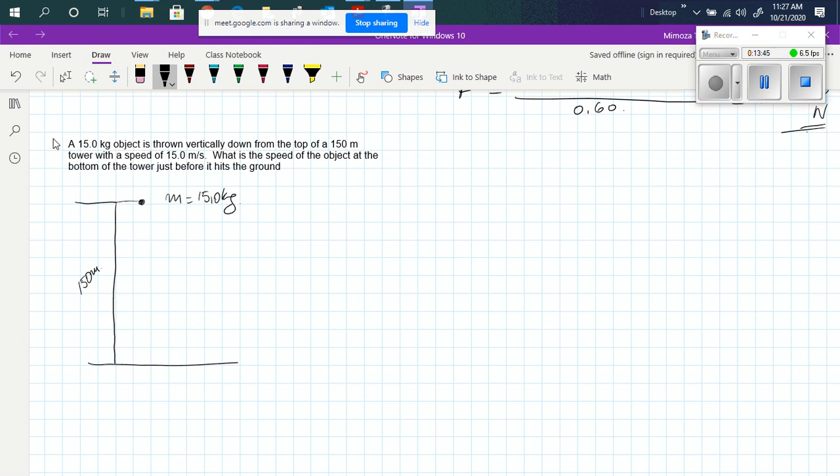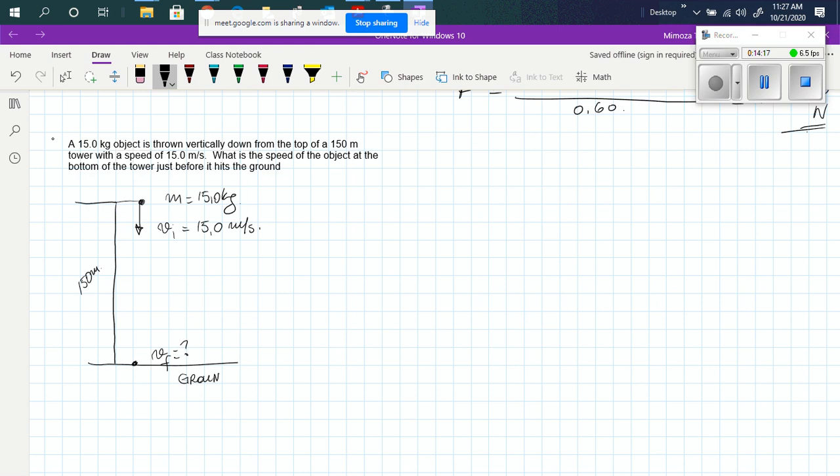This is the situational diagram, and the initial velocity is 15 meters per second. The simplicity of the work and energy principle is that you don't even need to consider direction. And they are looking for the velocity at the final, which is the ground.